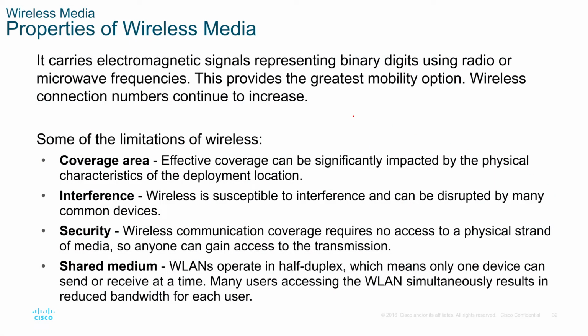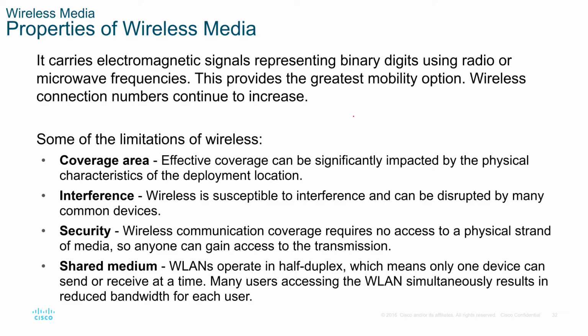Wireless has become extremely popular. It carries electromagnetic signals representing binary digits using radio or microwave frequencies. It provides the greatest mobility option. Wireless connection numbers continue to increase. If we take a look at some of the buildings in the Northeast, we have many older former mill buildings with stone walls.